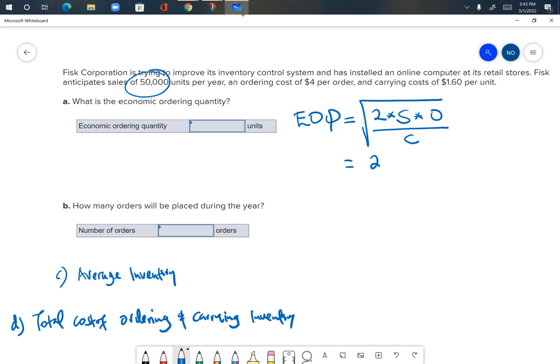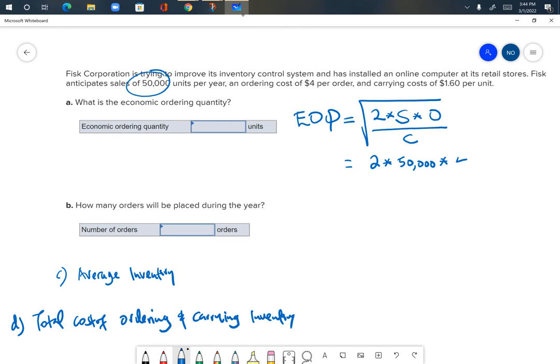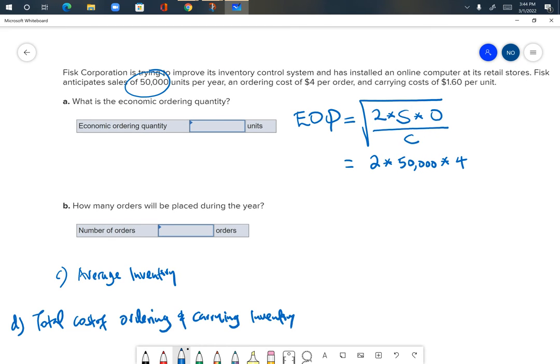So we have 2, the sales number is 50,000, and the ordering cost is $4. So it's 2 times 50,000 times 4, and you divide this by the carrying cost, which is $1.60, and you have to find the square root of everything.